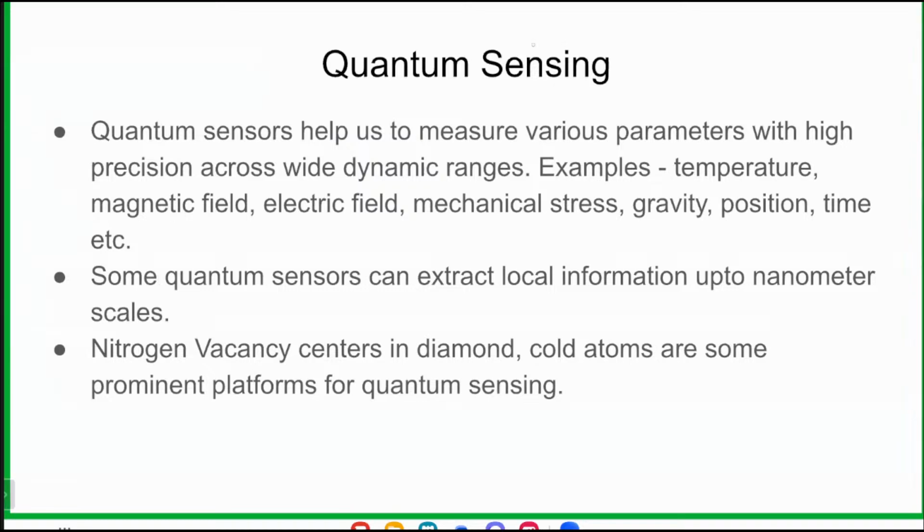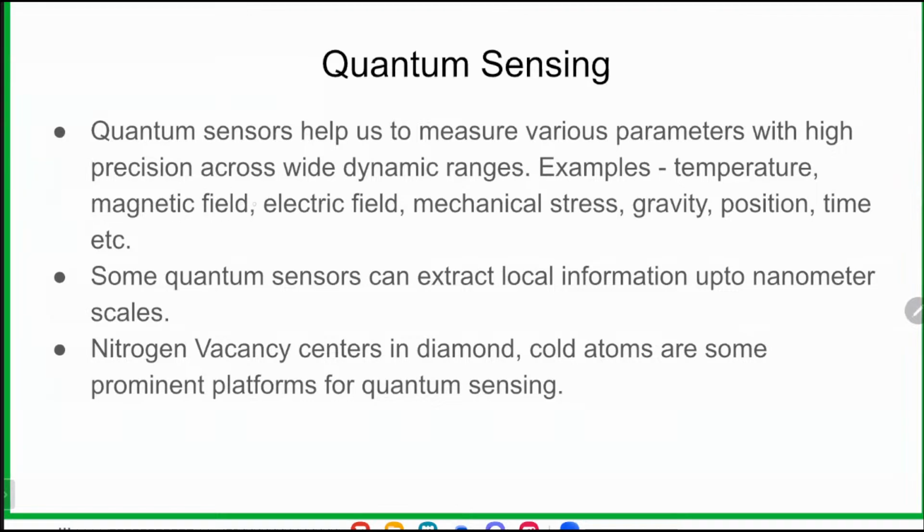And the third vertical that we have here is quantum sensing. What it helps us do is measure various parameters with extremely high precision and across wide dynamical ranges. What that means is that it's not only very precise. For example, we have an NV center sensor which can sense magnetic fields.